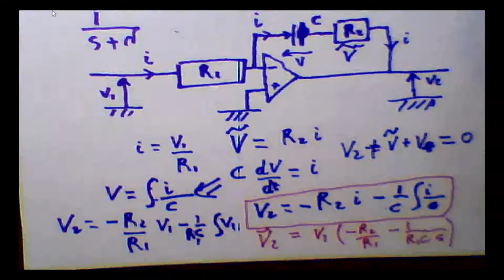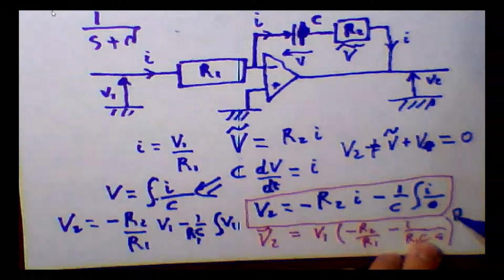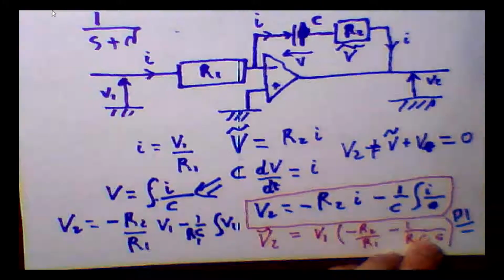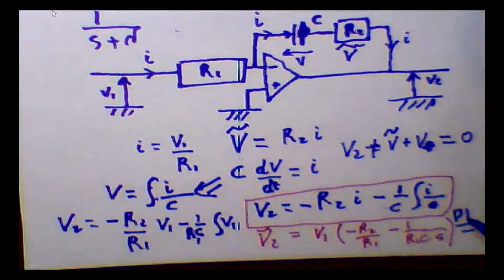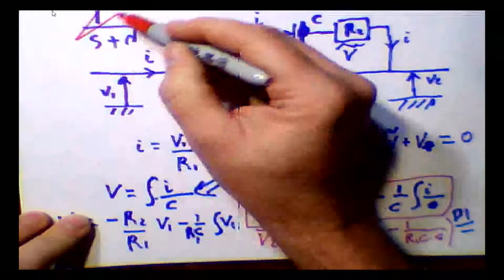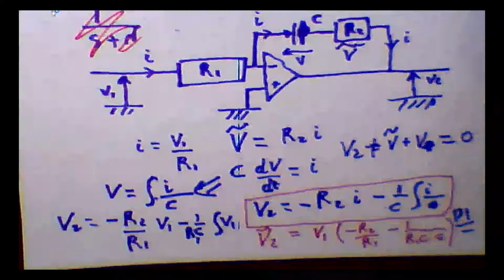Now, this is called a PI circuit, and fortunately, why? Because we call it proportional plus integral, and it turns out it is a very convenient circuit for the purpose of controlling dynamical systems. It's just not the one that we wanted.